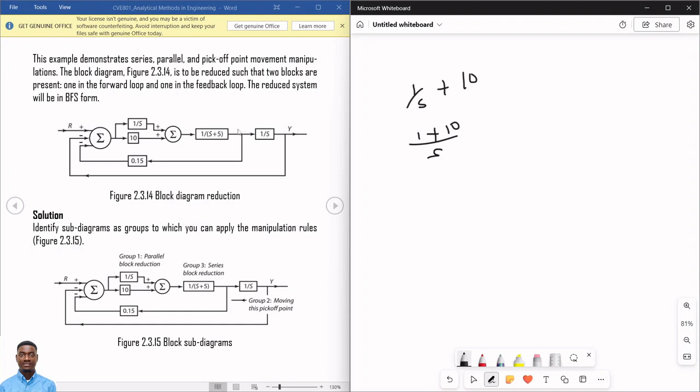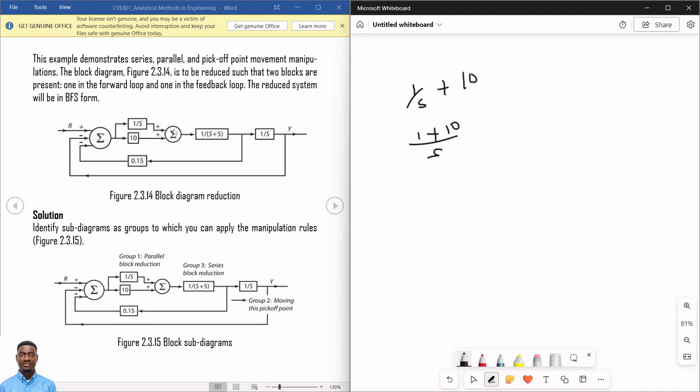Also, these two are in series. But before I can multiply them in series, I need to move this pickup point from here downstream so that the inverse of this will appear on this line. So if I move this here, S will appear on this line, and from there I can do this times this. Mind you, once we do the parallel of this, we don't need this summation sign again.